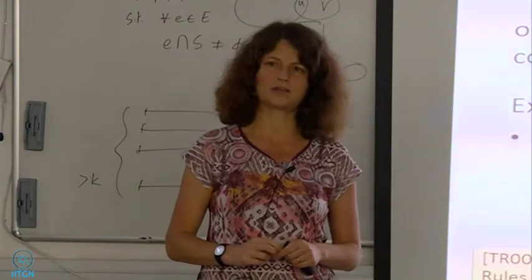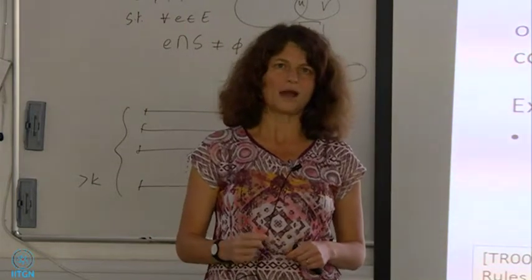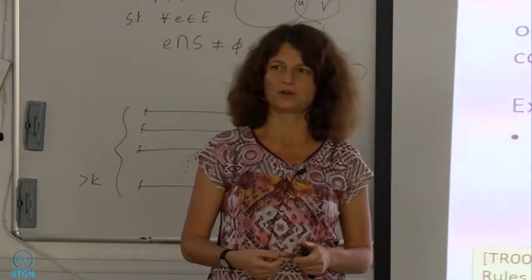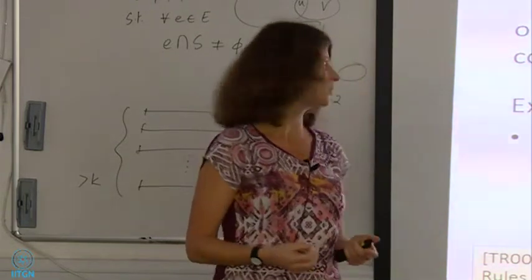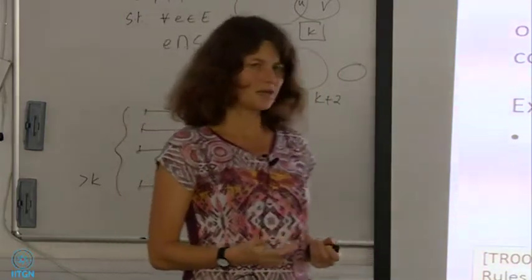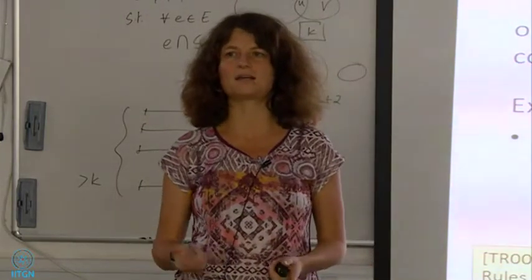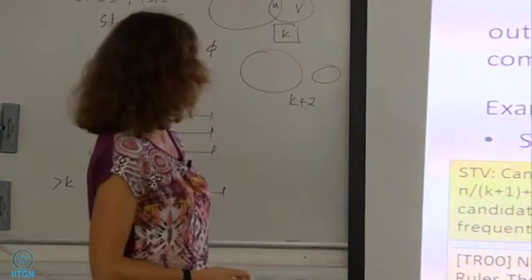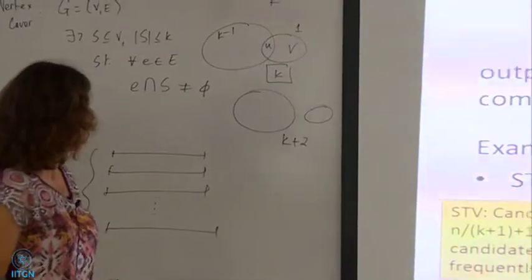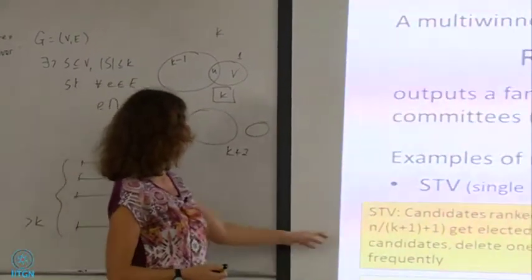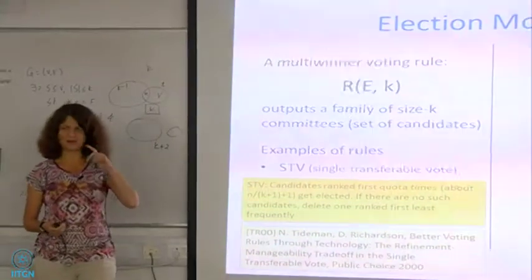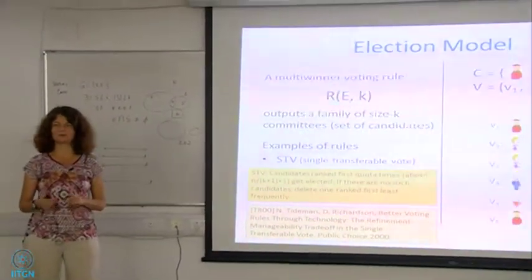Now our goal is to select a committee. Now to add someone to a committee, we don't need that guy to have majority support. We just want him to have a reasonable support. Reasonable, again, we can define as in the previous session by n over k. What is slightly more traditional is a slightly larger number, n divided by k plus 1, plus 1.